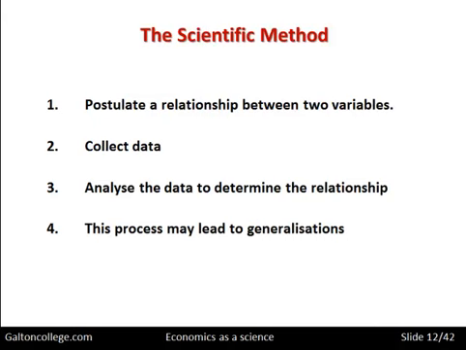If we find that every time the price of butter increases, less butter is sold, then it leads to a generalization. We tend to say, well, every time the price of butter increases, less is sold. We've observed it so many times. We've observed it 100 times, and therefore we can generalize. We'll say it happens every time, which is quite a big jump. But that's the way the scientific method leads us.